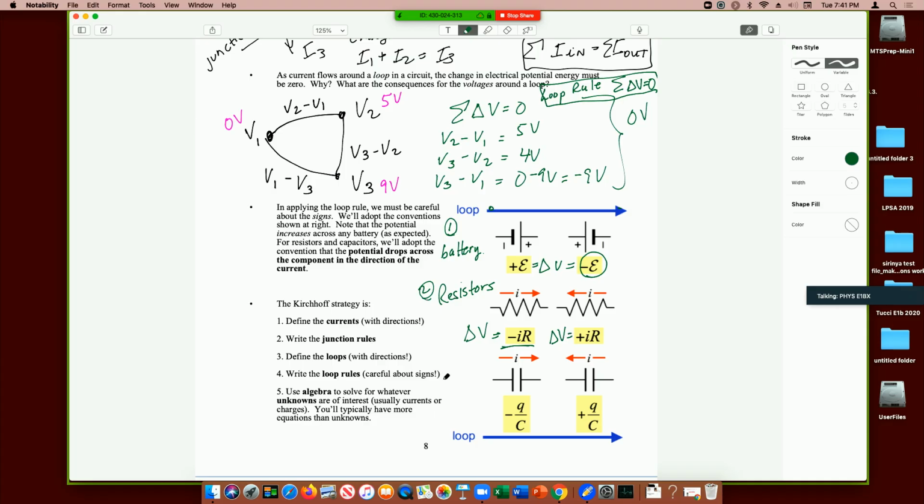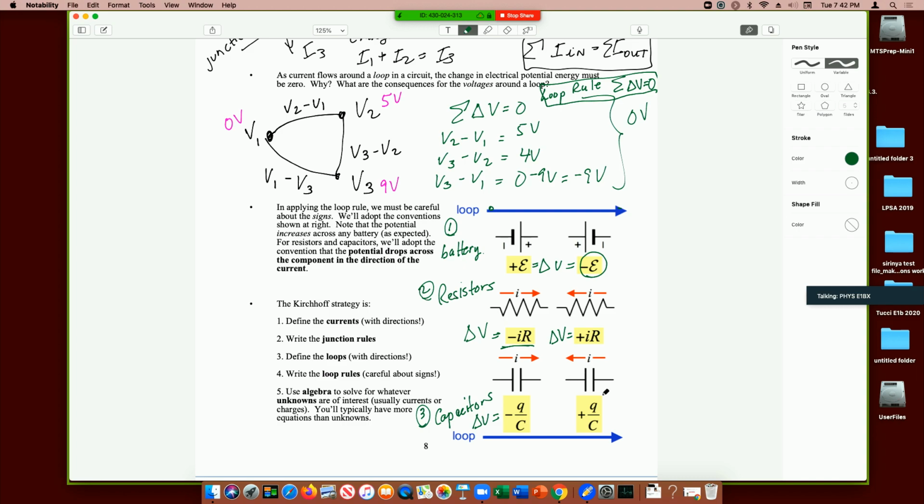The third one is to do with capacitors. That's the little picture down here. And capacitors follow the same convention as resistors. So if the direction of your loop goes in the same direction as the current, then the change in potential, remember the change in potential for a capacitor is just Q over V, is negative.